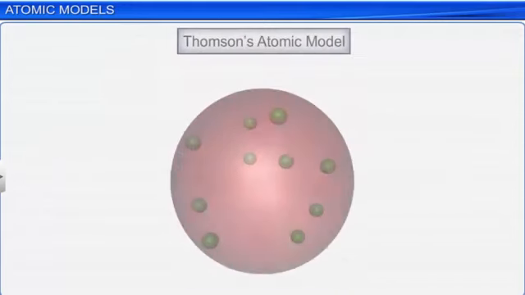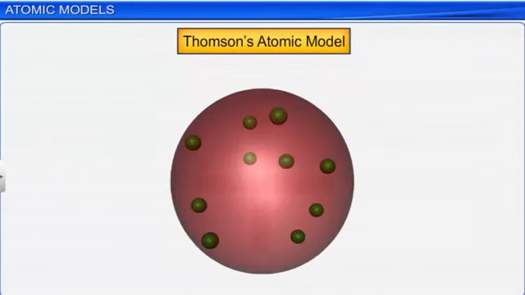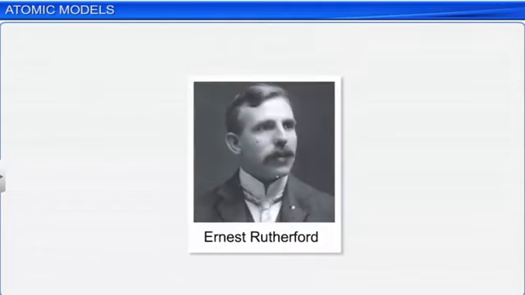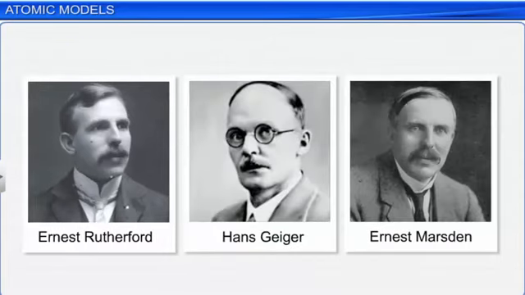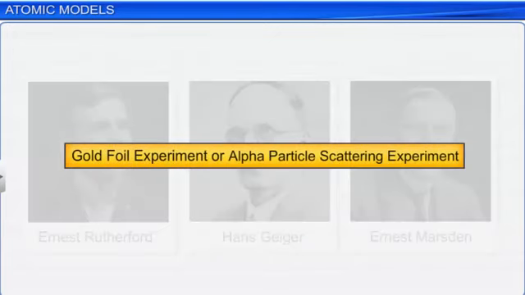In order to validate Thomson's atomic model, in 1911, Rutherford and his students, Hans Geiger and Ernest Marsden, conducted an experiment called the gold foil experiment or alpha particle scattering experiment.